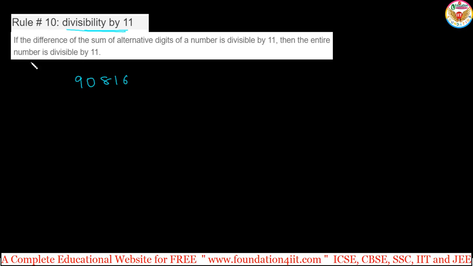Take the sum of the digits in odd places and the sum of the digits in even places. 9 plus 8 plus 6 is 23. 0 plus 1 is 1. Now subtract: 23 minus 1 is 22. The result is divisible by 11, so that number is also divisible by 11.